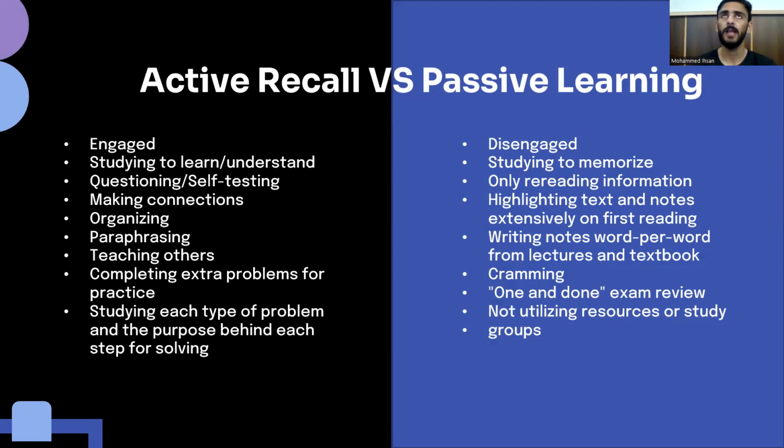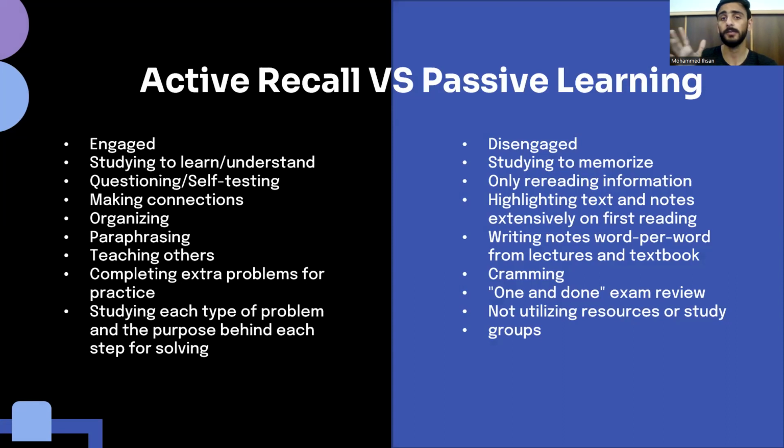In contrast, passive learning is marked by disengagement and a focus on memorization without understanding. It relies on techniques such as mindless reading, rereading, excessive highlighting, and word for word note taking. Cramming and neglecting resources are very common in passive learners.